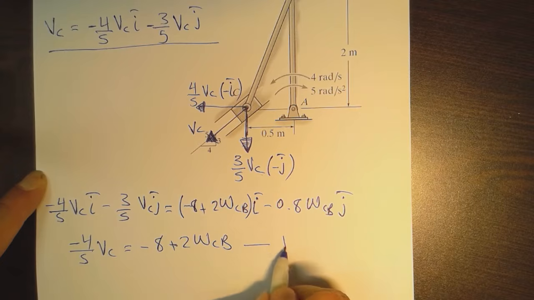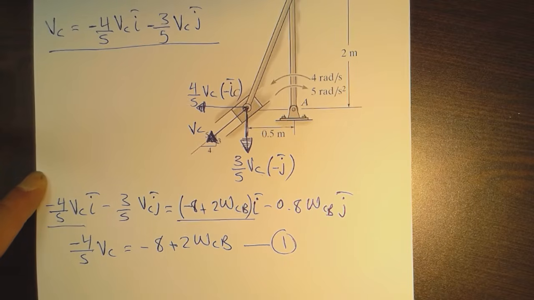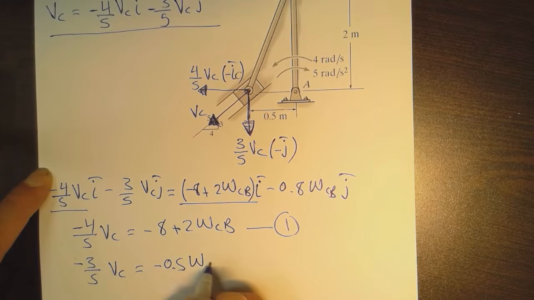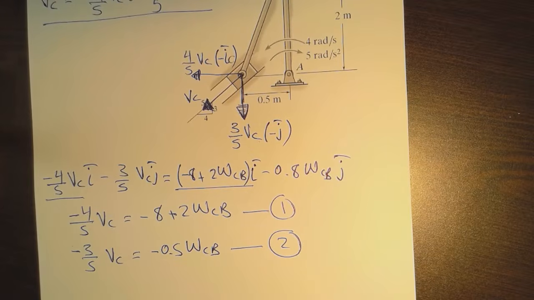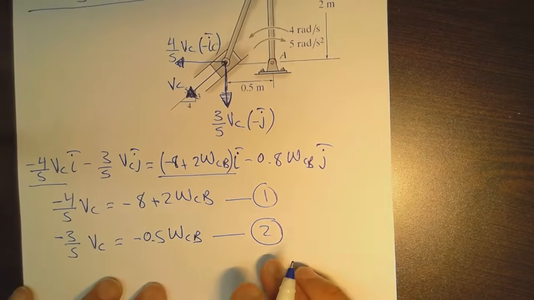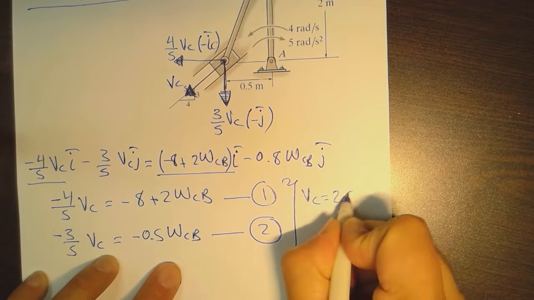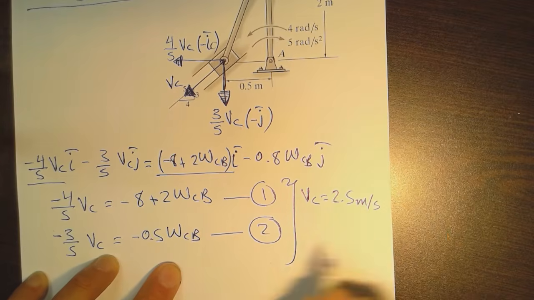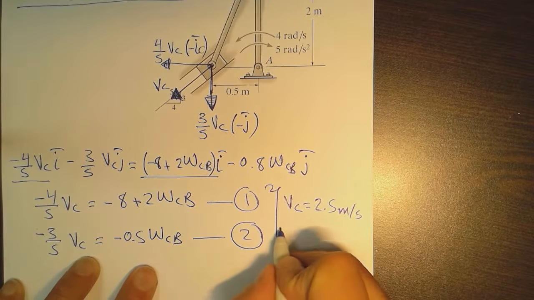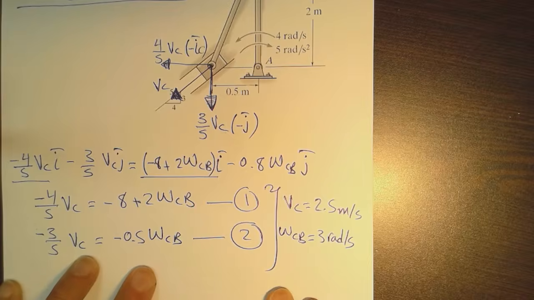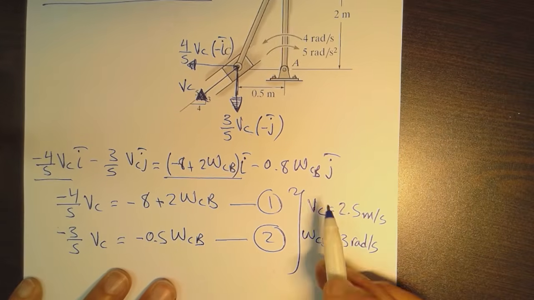We equated this with that, and we write that minus 3 over 5 VC is equal to minus 0.5 omega CB, and this is the second equation. So we have now two equations. We can solve them and find that the velocity VC is equal to 2.5 meters per second. This is the velocity of the slider, and omega CB would be equal to 3 rad per second. So we solved for these two unknowns, and we came up with these two values.